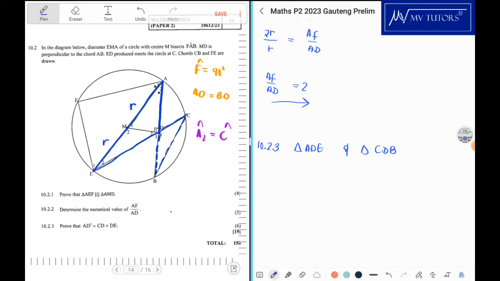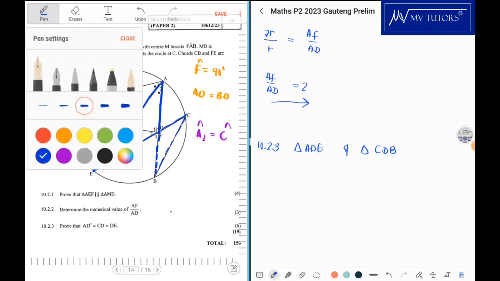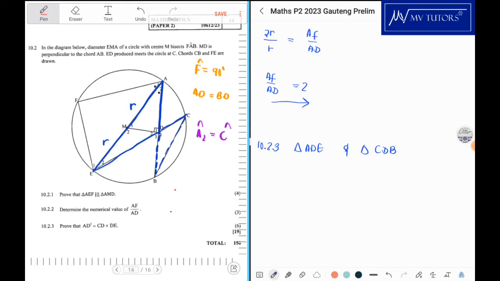Okay, all right, so what I can then do, I know I've erased this, but if I have a chord over here, I know that A2 is equal to C. Okay, so I can then say A2 is equal to C, and that's basically angles subtended by the same chord. Okay, and then I know that D1 and D2 are equal to D4.